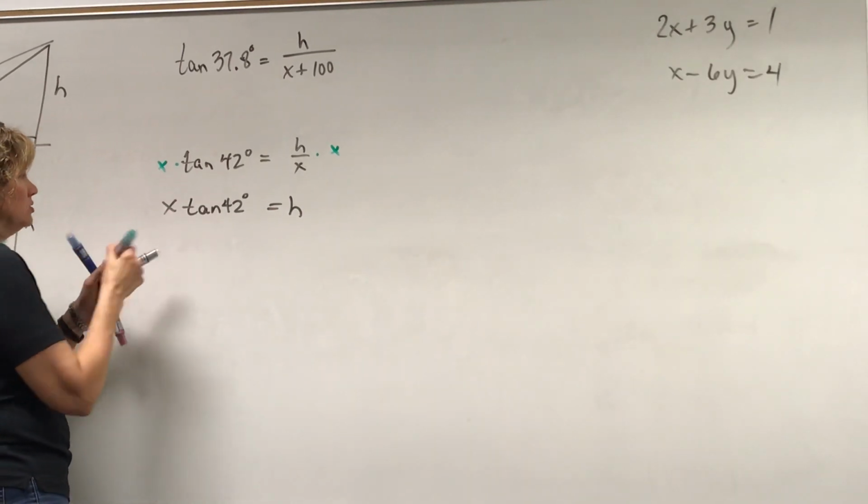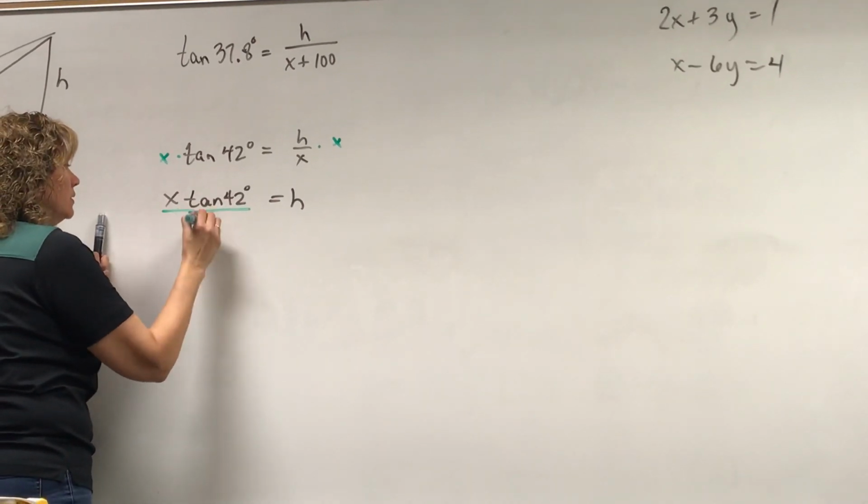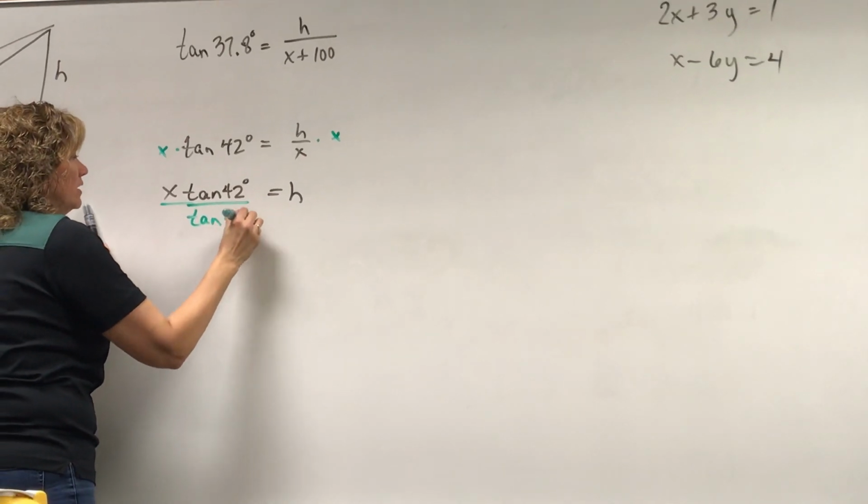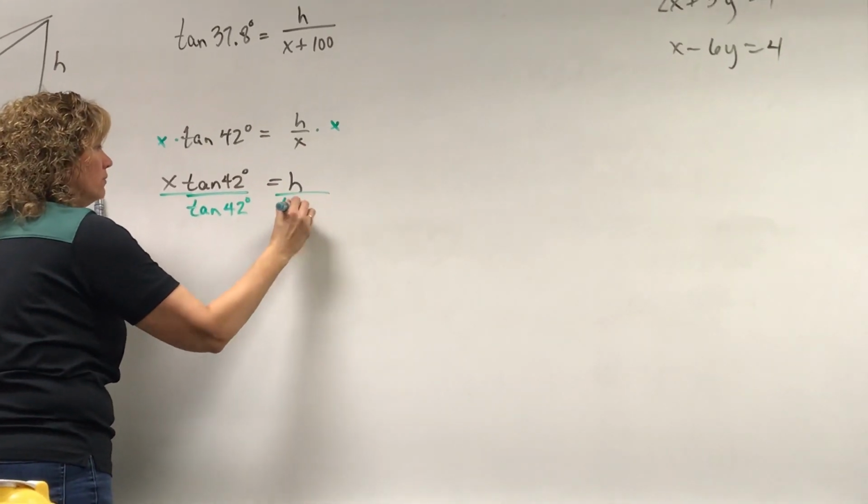Let's divide by the tangent of 42. So we keep the variable we want at the end in there.